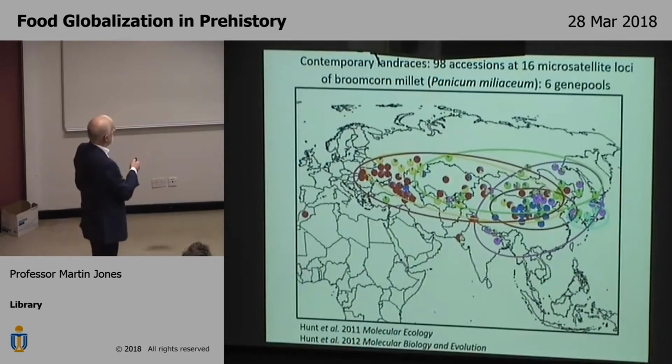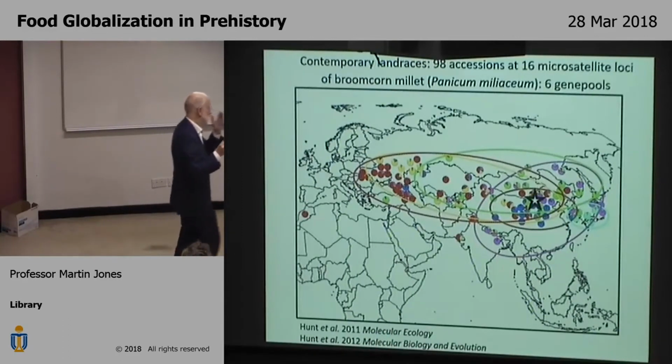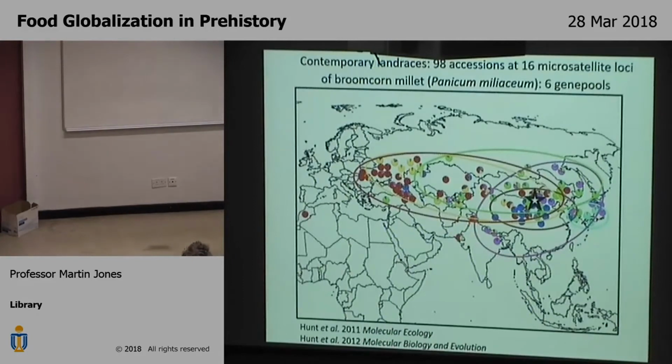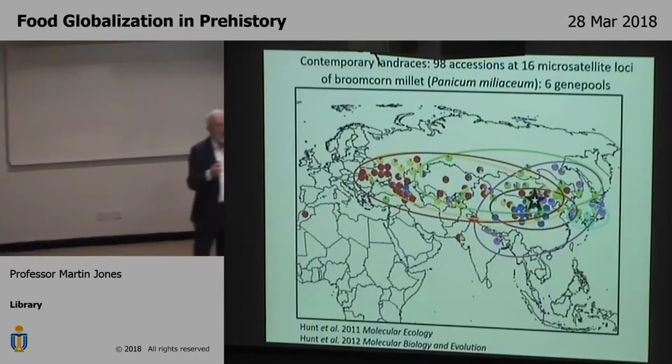You can see that I've put these ellipses around the genetic diversity groups. With the exception of the blue group, all of those ellipses intersect in the same place where Professor Zhao and colleagues were finding the earliest, richest records of this crop.